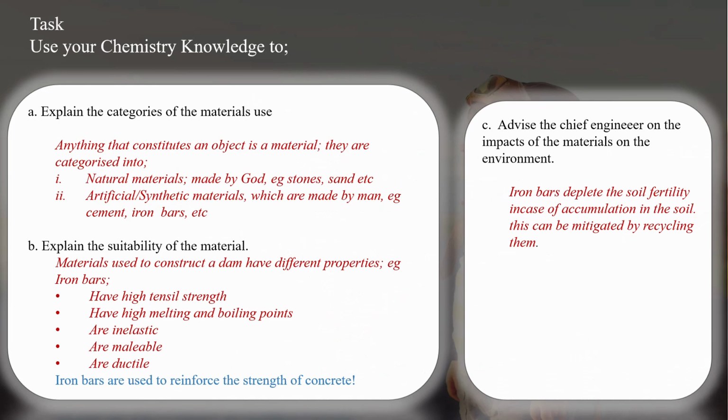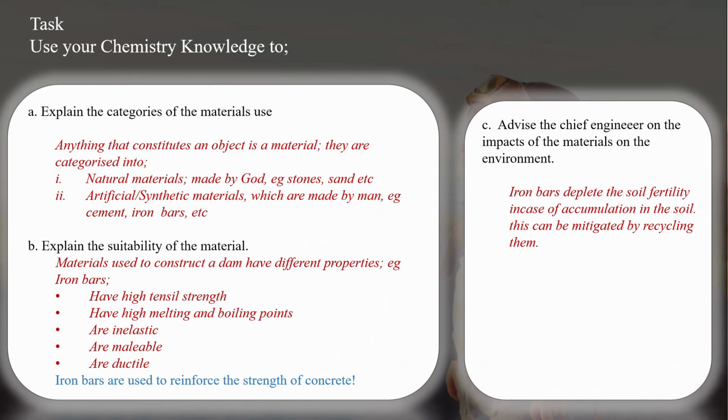It has high melting and boiling points. Iron bars are inelastic, they cannot be stretched. Iron bars are malleable, it means they can be bent the way you want. They are ductile. Those are the properties of iron bars.